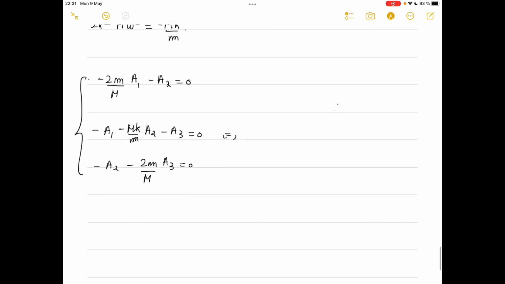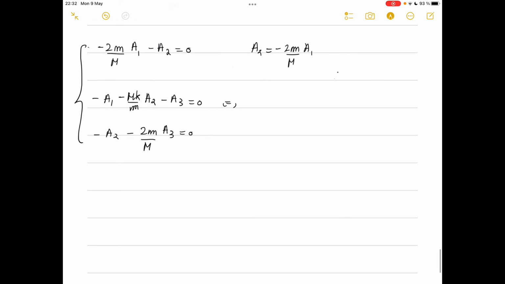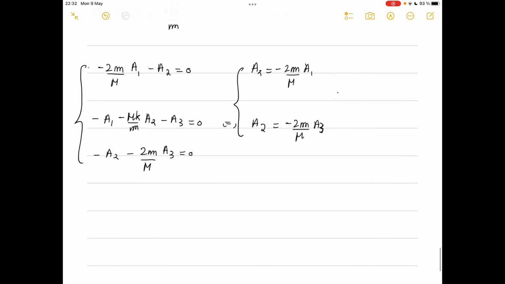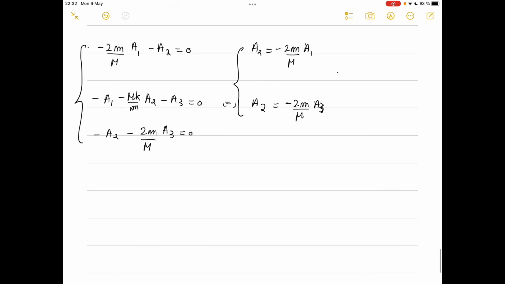This tells us that a2 equals minus 2m over M a1, and a2 equals minus 2m over M a3. So basically a1 equals a3.